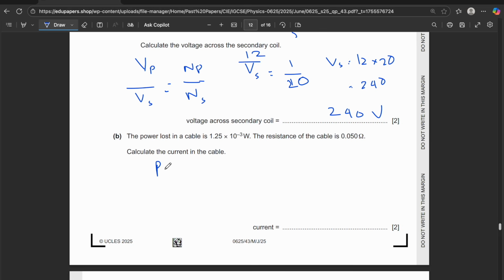So power loss, the equation is I squared R. So we want the current. I squared will be equal to, let's just write I is equal to square root of power, 1.25 into 10 power minus 3, divided by 0.05.